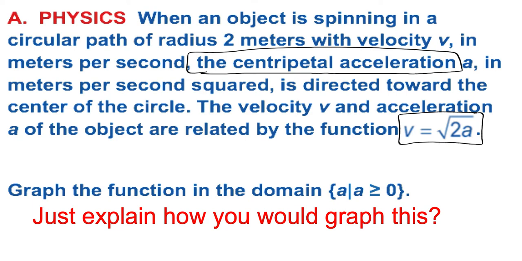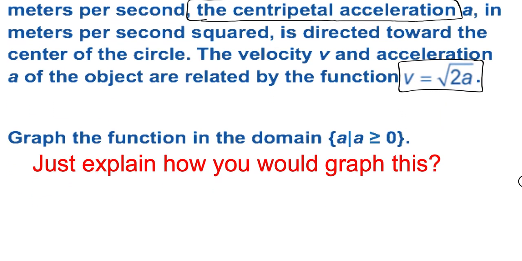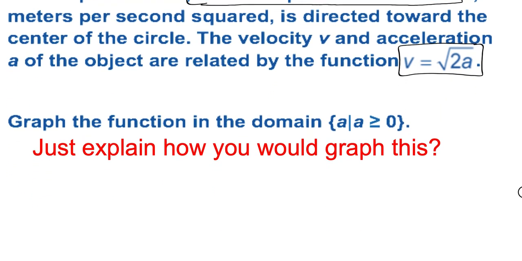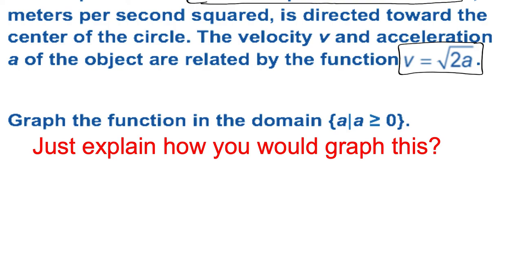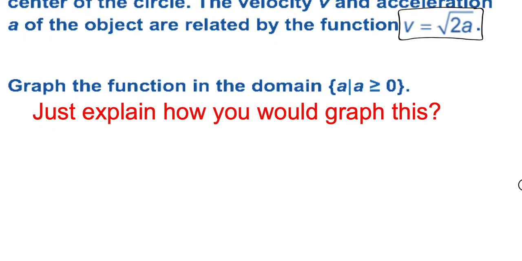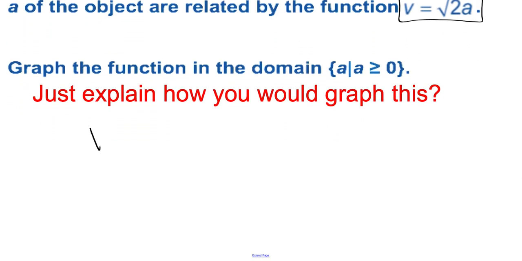So we're just thinking about how we would graph that function, okay? I'm just going to kind of help you set it up because you're going to see something like that on your homework. And it's the same way as we do it before, but the values inside the square root just need to be a little unique, okay? So I'll scroll way down here so I got some room. So we got v equals square root 2a.